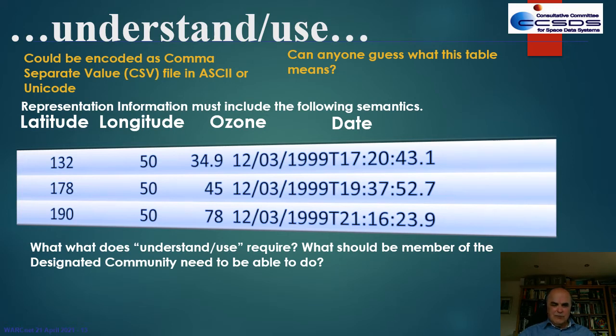Come back to the question, what does understand and use require? What should the members of the designated community need to be able to do?